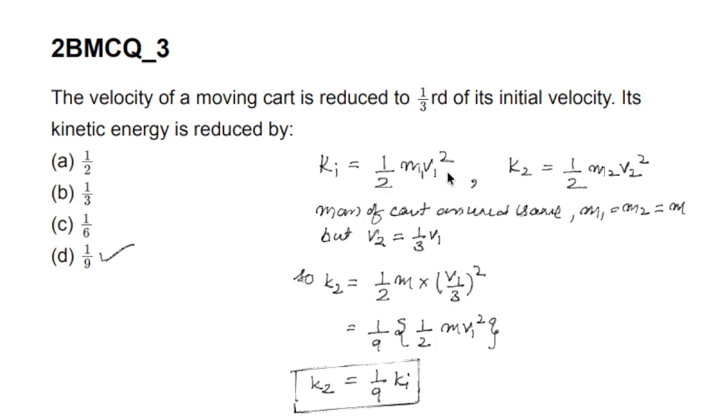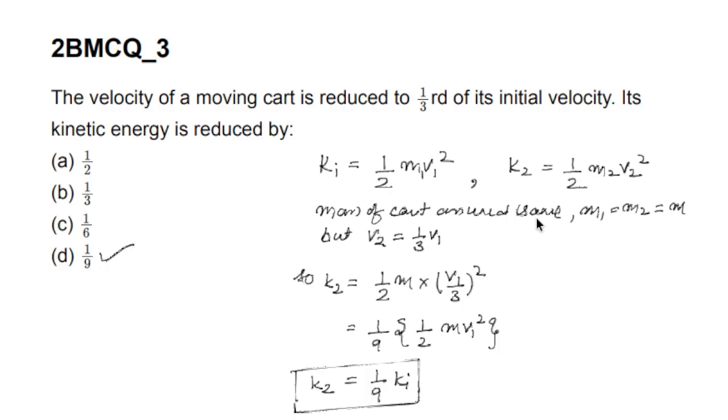So only velocity has been reduced, and the relation is with the square of the velocity. So if velocity is decreasing by one third, kinetic energy will decrease by the square, or 1 by 9. So intuitively we can give the answer as option D.